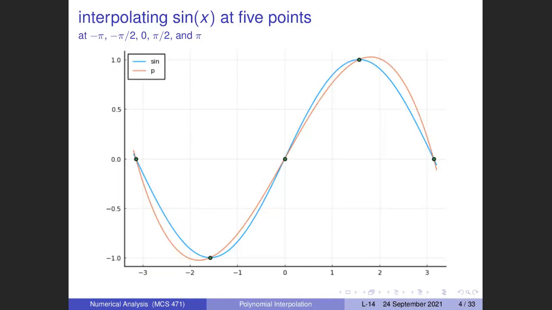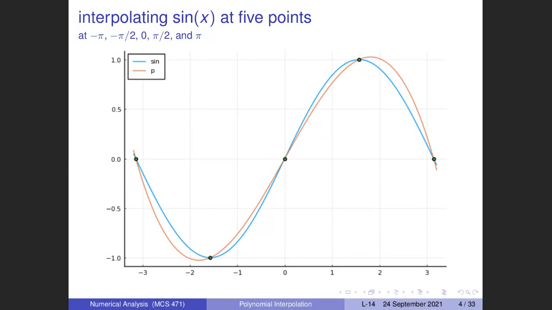All right, so here is a motivating example. We have the sine function, and we have 5 interpolation points. The 5 interpolation points are marked by the dots.